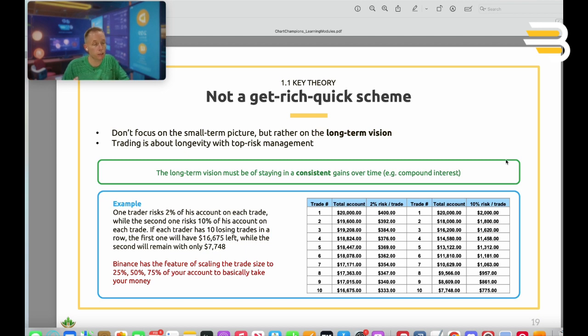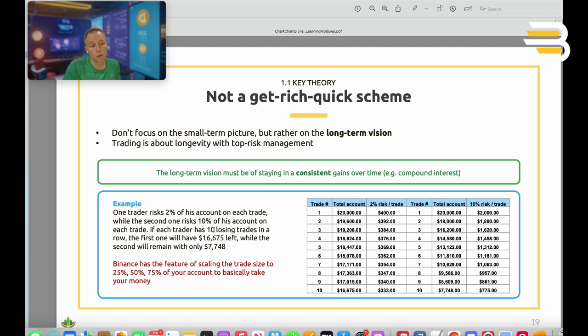I'm a big fan of ICT concepts or smart money concepts trading. And there are a lot of critics out there that say that school of trading is only so successful because of the risk management behind it. Well, okay, cool. So here's an example, just a little idea, looking at different trading accounts to give you an idea of someone that's trading with 2% versus 10%.